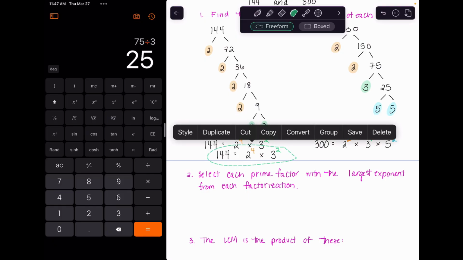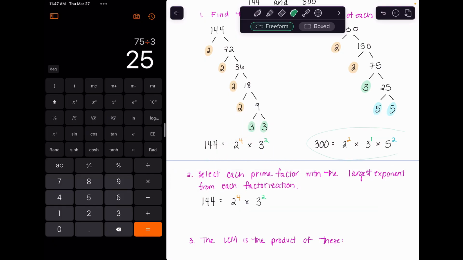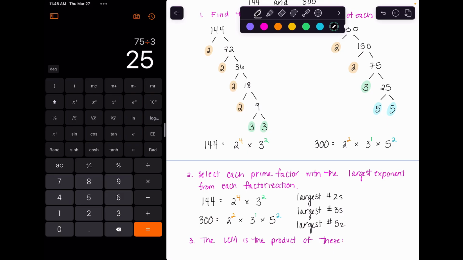So just going ahead and putting these here. I need the largest number of 2s, the largest number of 3s, and the largest number of 5s. There we go.